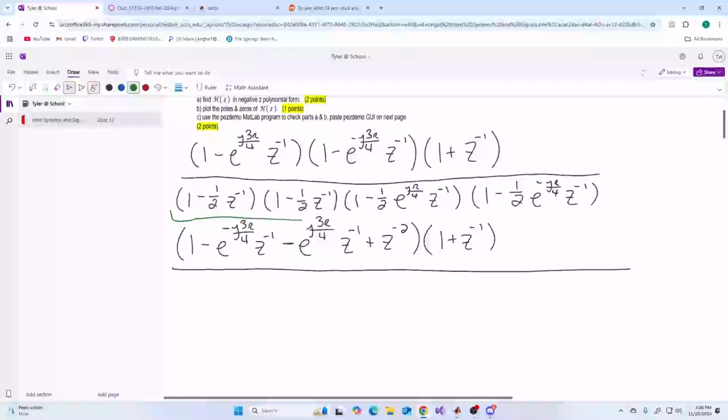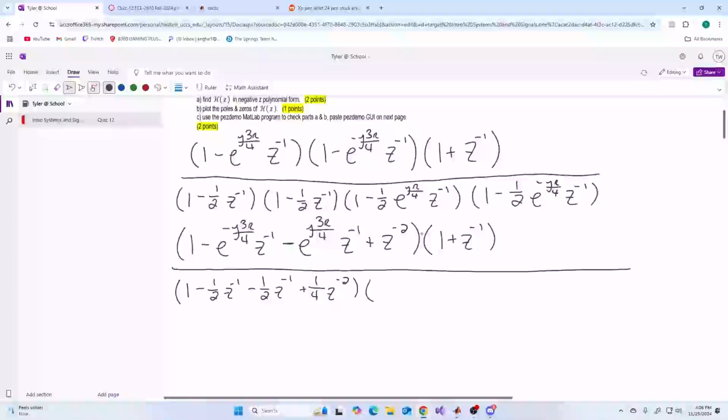Then I'm going to group these two and then these two, just so you know what I'm doing. Okay, first things first, let's do the first one. So I'm going to have 1 minus 1 half z to the negative 1 minus 1 half z to the negative 1 plus 1/4 z to the negative 2.